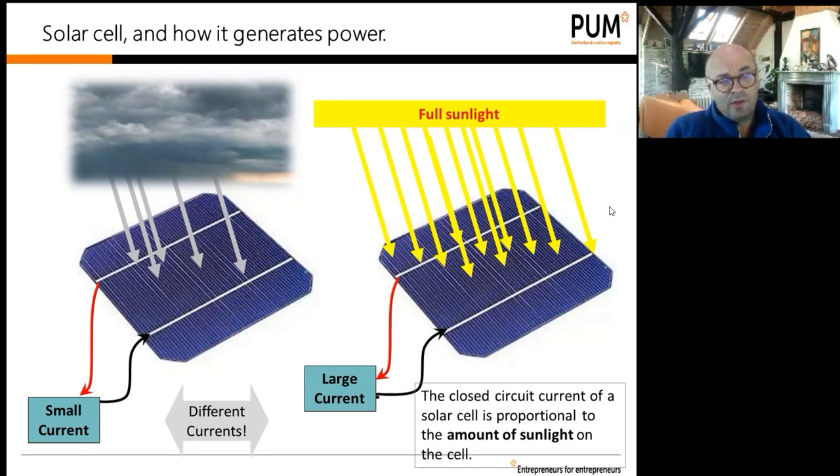Also important is that you have to calculate with overcast, cloudy days, because if you need the electricity and there's a cloudy day, well, if you don't have a buffer or a large battery, you have a problem because you don't have energy.